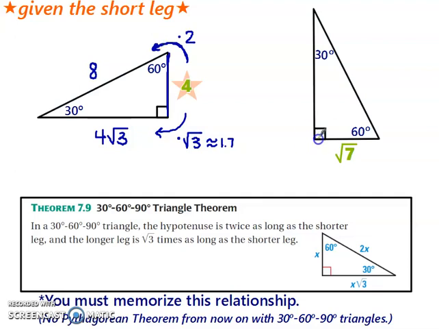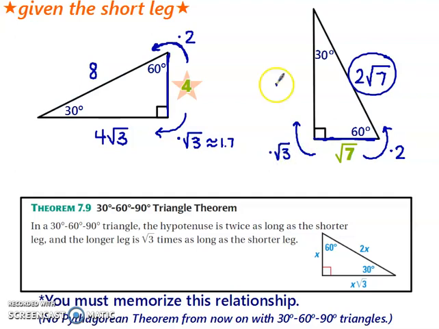So here I've got the small side. To get the hypotenuse, I'm going to double it, times 2. I'm just going to leave it 2 times the square root of 7. And then to get this longer leg, I'm going to take that times the square root of 3. And that would be the square root of 21.